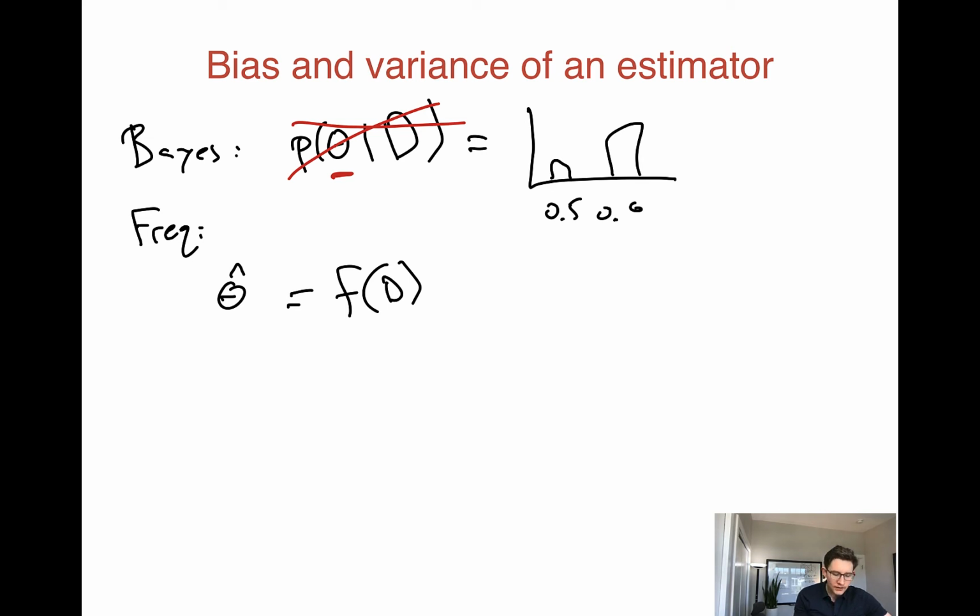And then we get to write expressions that look like this: probability of theta hat given data and the true theta. Note here that the true theta appears in the condition. So we get to reason about what would happen for theta hat for given fixed values of theta.